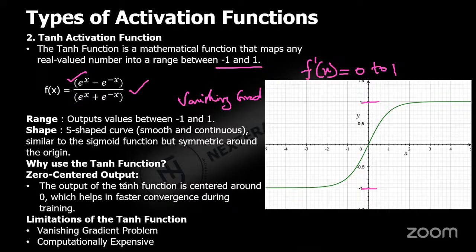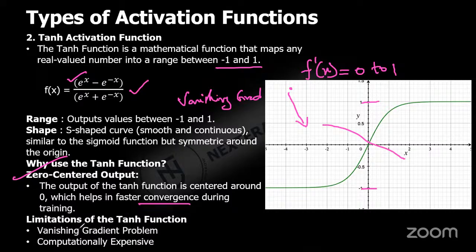But the advantage of the tanh activation function is that it is zero centered. If you see here, exactly it is zero centered, which helps us with faster convergence. During the training, the loss that we have calculated can converge faster.